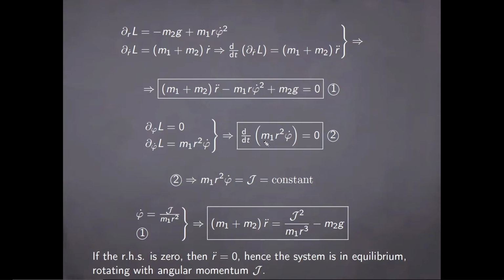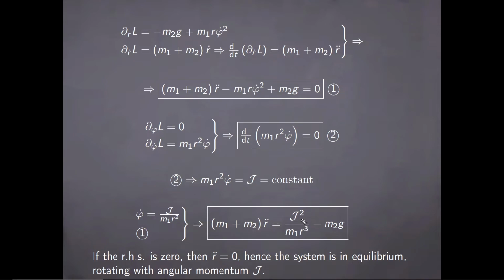And we can see immediately that what this equation is saying is that the quantity here is conserved in time, and this is just the angular momentum of the system, which has some fixed value j, and we can use this fixed value in order to solve this equation for the angular velocity and find the expression here. And if we then use this in equation 1, we obtain the following result for the radial acceleration.